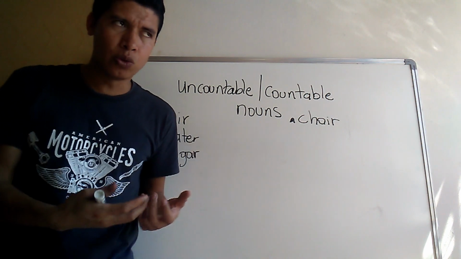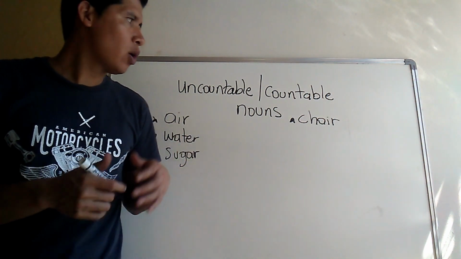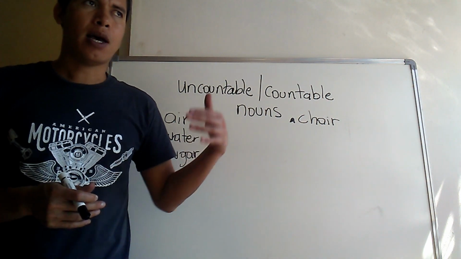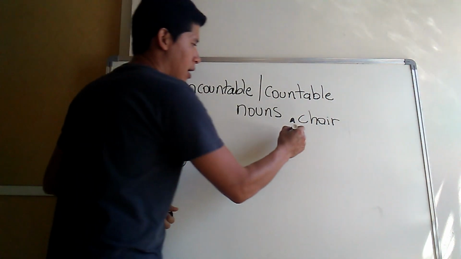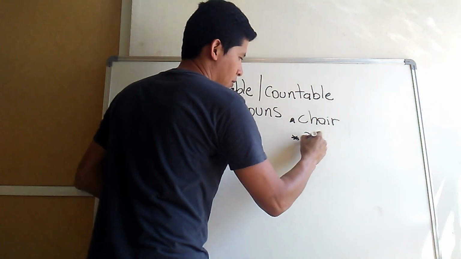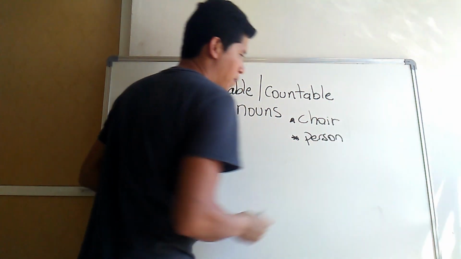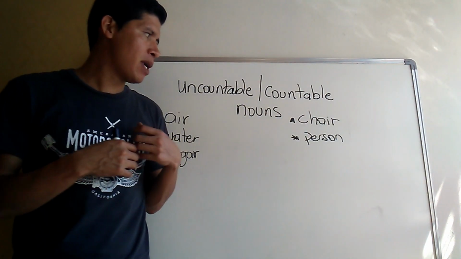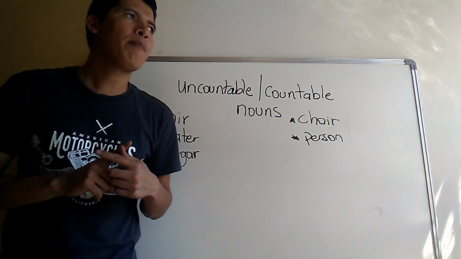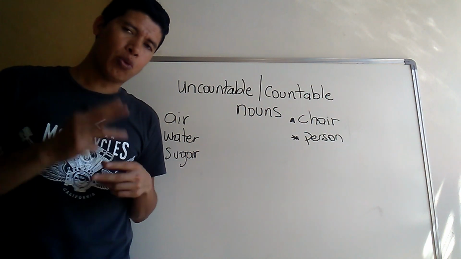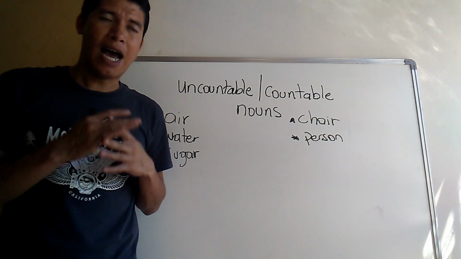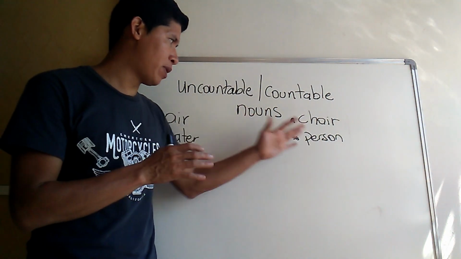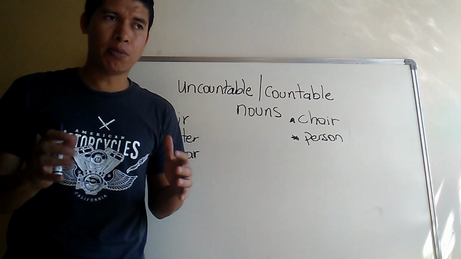Because I can count the chair: 1 chair, 2 chairs, 3 chairs, and so on. Person is a countable noun because I can count 1 person, 2 people, 3 people, 4 people.